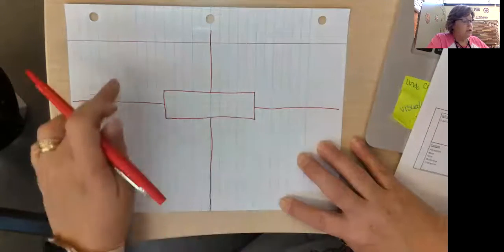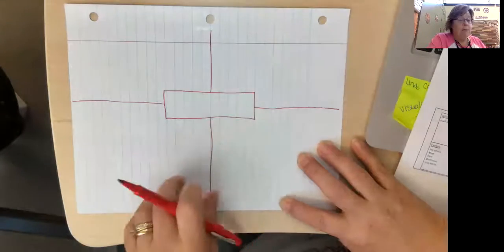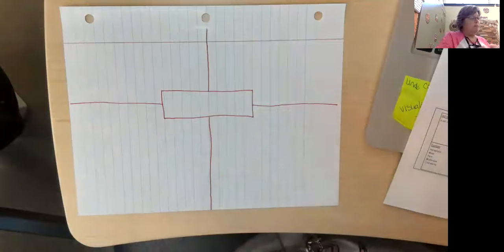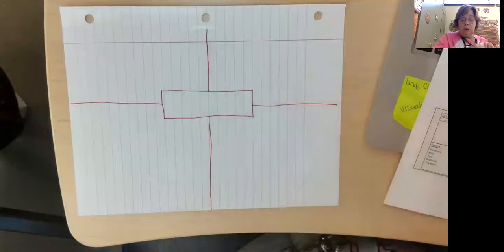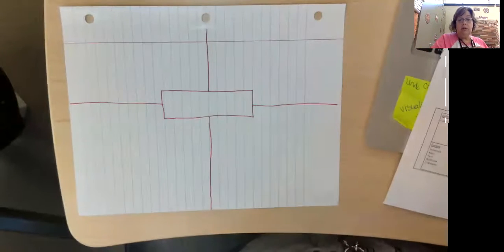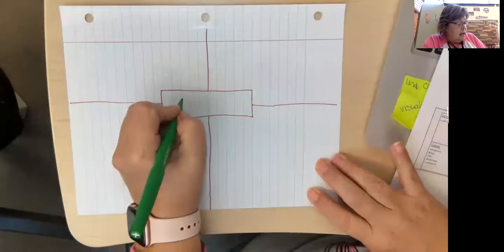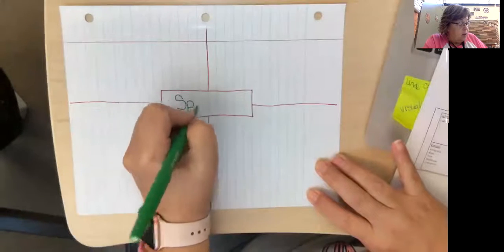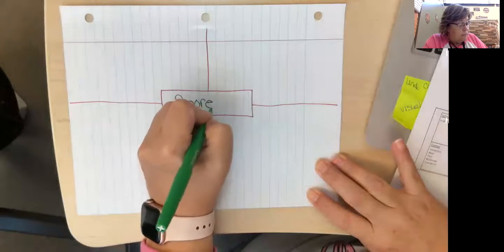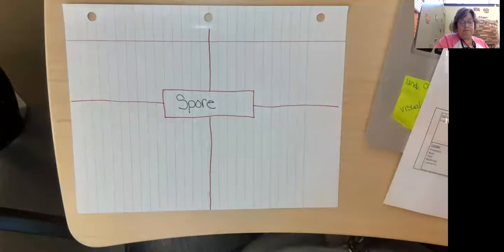So what you've done is you've made 4 different boxes with one in the middle, okay? All right, and in the middle is where we're going to write our new vocabulary word. And today that vocabulary word is spore. So if you'll put that right there.